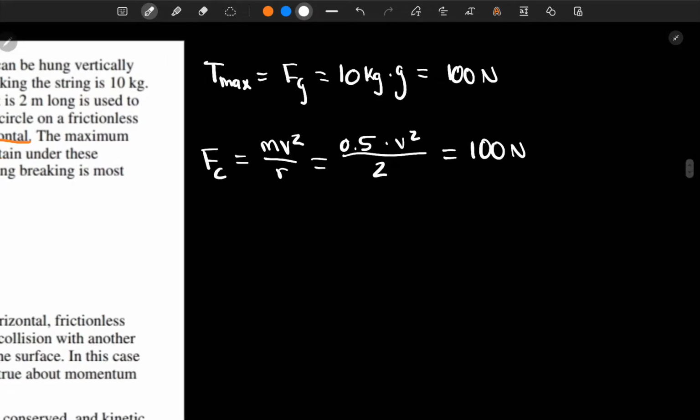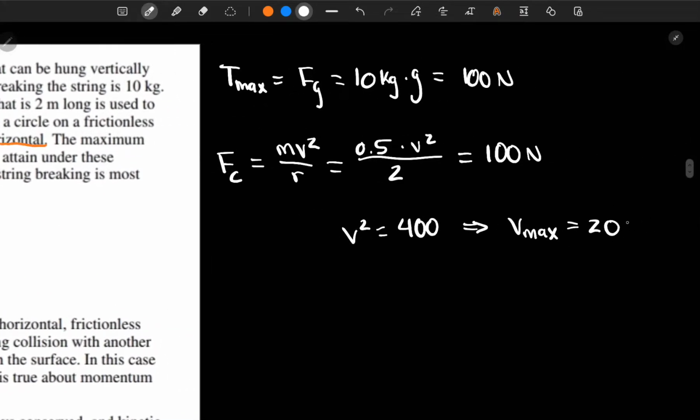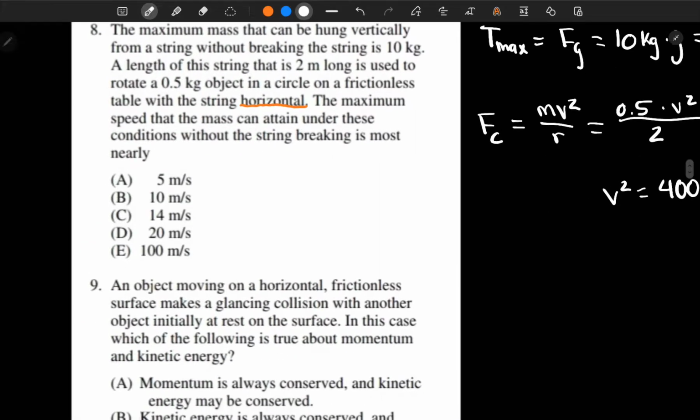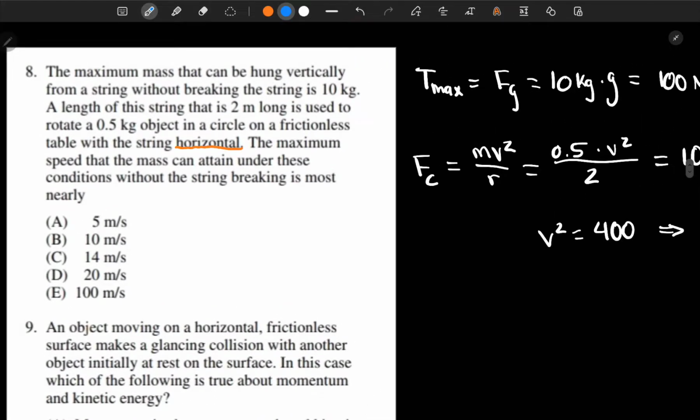Solving for V, we find that V squared is equal to 400, or that V, the maximum speed, is equal to the square root of 400, which is 20 meters per second. So the answer here is D.